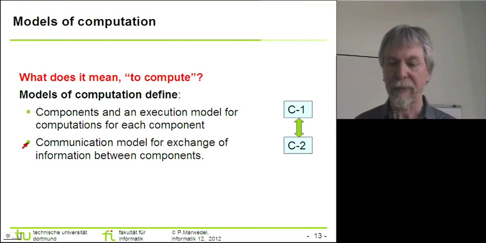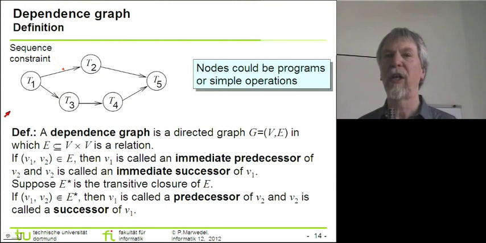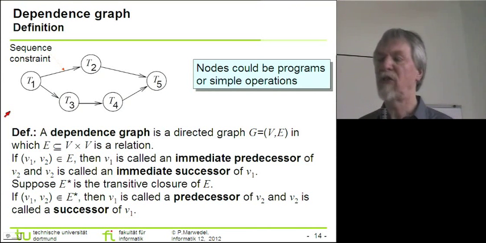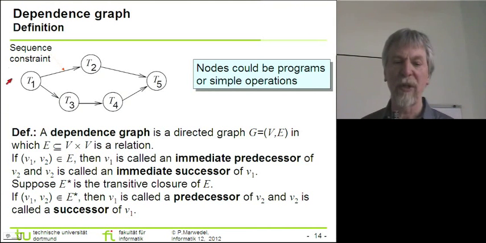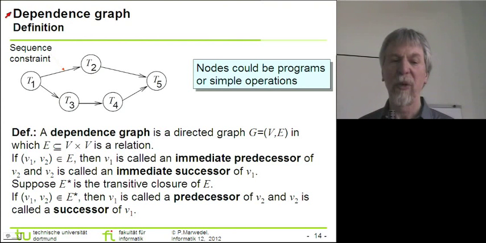We really have to distinguish between what goes on in the computations and what goes on as far as communication is concerned. If we look at the different components, it's usually very convenient to be able to describe relations between these components. These relations are captured as so-called dependence graphs, which later will be called task graphs.